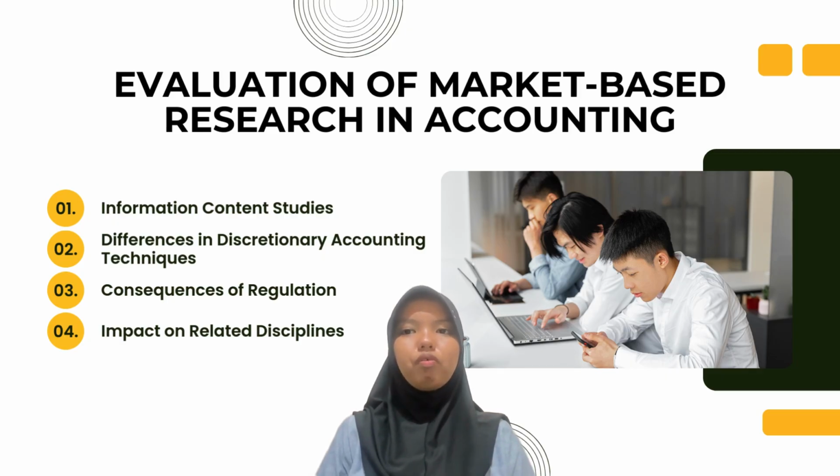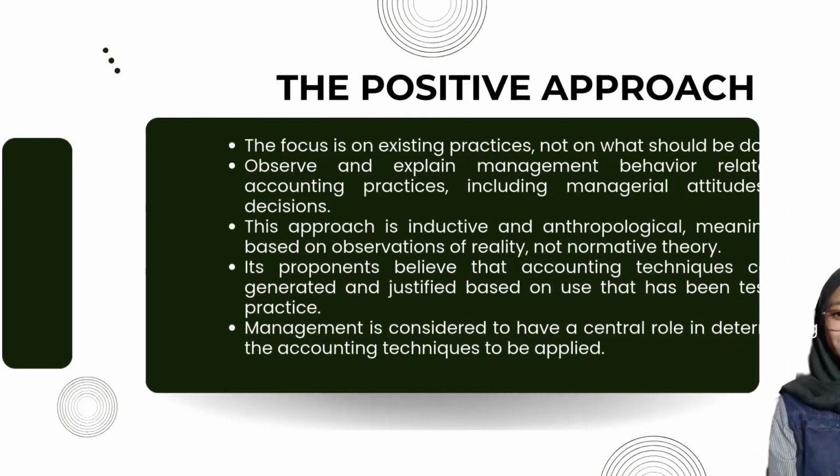It analyzes how new financial reporting rules or policies, such as new accounting standards, impact stock price or other market reaction. And the last is impact on related disciplines. It explains how findings from market-based accounting research contribute to or influence other fields such as finance, economics, or management.